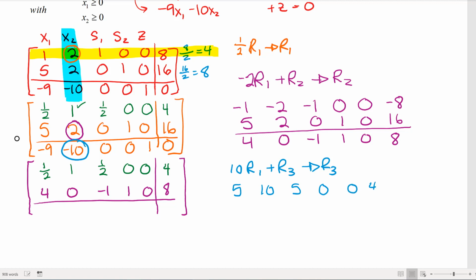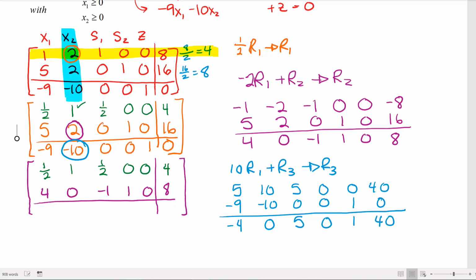And 10 times 4 is 40. Then I'm going to put row 3 right underneath it. Negative 9, negative 10, 0, 0, 1, 0. When I add down, I get negative 4, 0. No big surprise there. That's what we were hoping to have happen. 0, 140. And I'm going to put that in the bottom row.